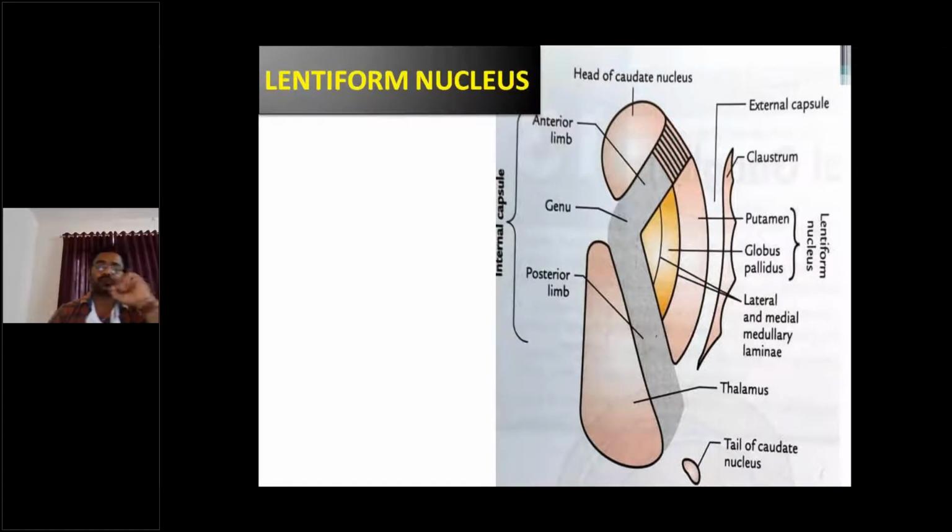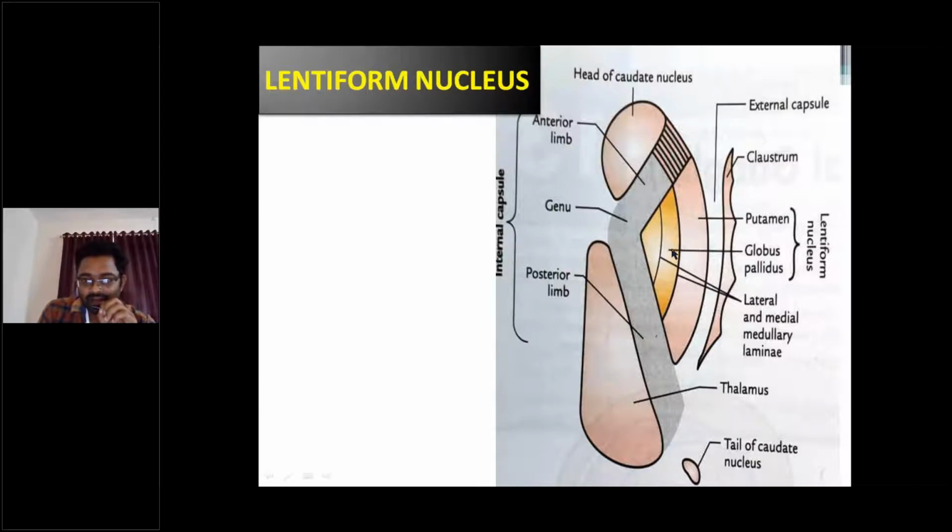And next one, the lentiform nucleus. The lentiform nucleus is a biconvex or lens-shaped mass of gray matter situated lateral to the internal capsule. This lentiform nucleus is divided by the external medullary lamina into an outer part called the putamen and an inner part called the globus pallidus.